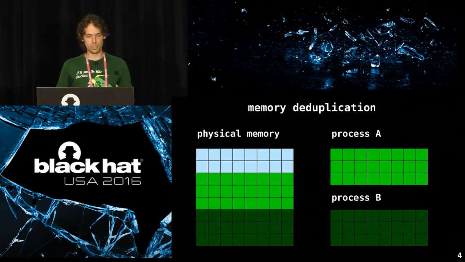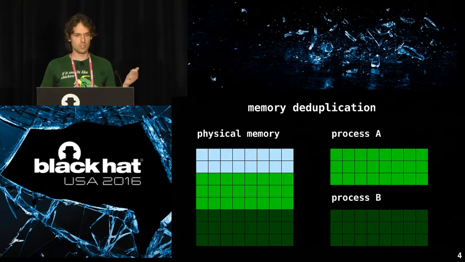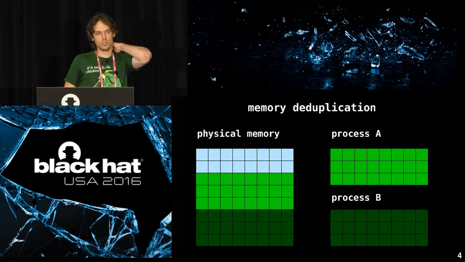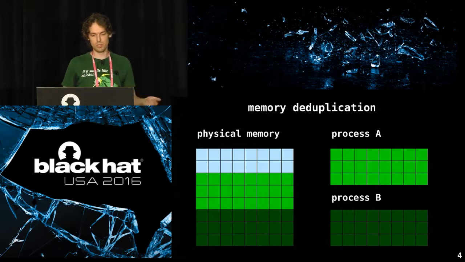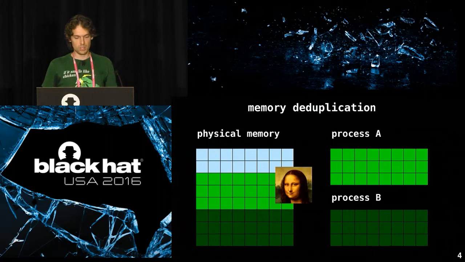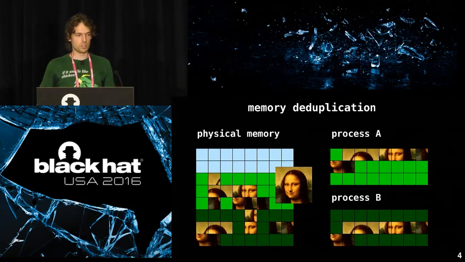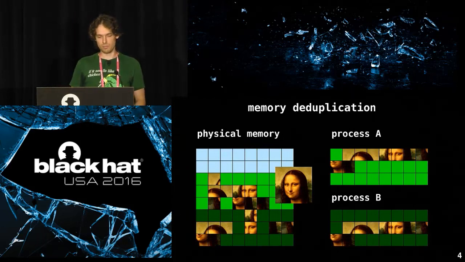So how does it work? In this figure, the left side is the physical memory of the system. On the right side, you have the virtual memory of two processes. Say both processes have the same image of the Mona Lisa in their address space.